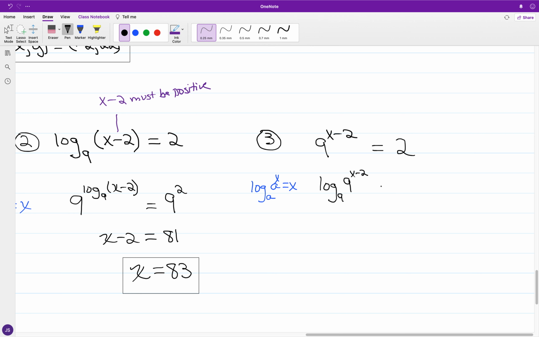So the base 9 log of 9 to the x minus 2 is equal to the base 9 logarithm of 2. For the left hand side, base 9 log of 9 to the x minus 2 will go to x minus 2, is equal to the base 9 logarithm of 2.